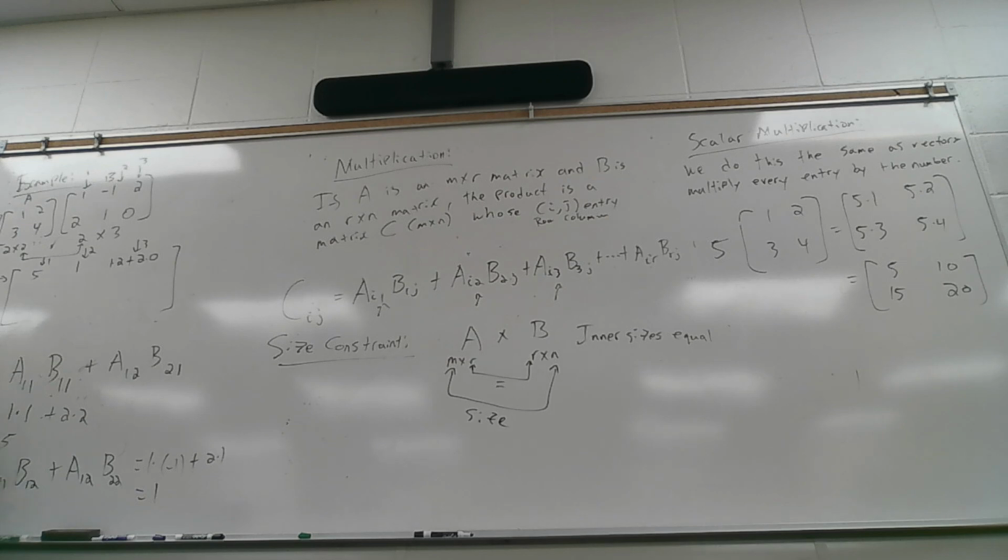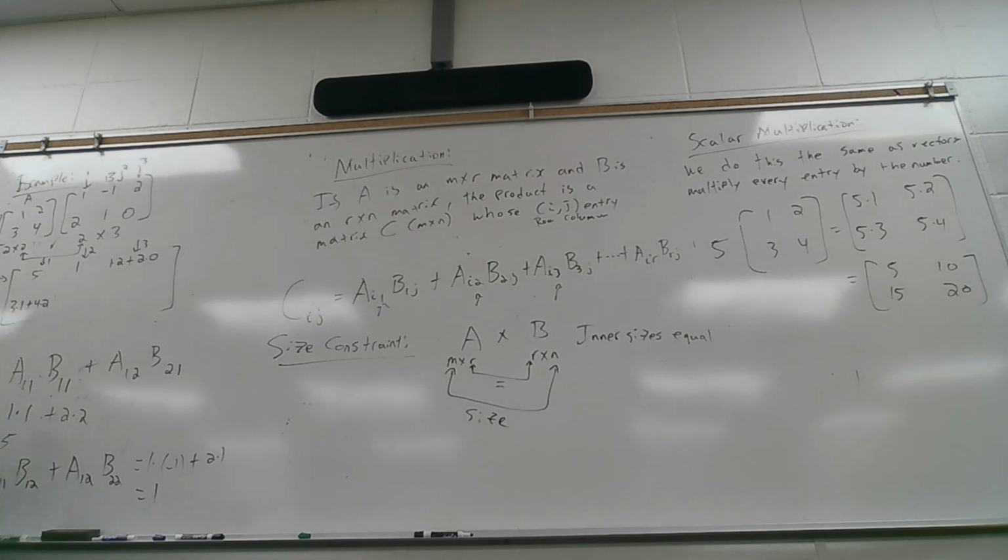This number right here is row 2, column 1. So we grab row 2 from the left matrix, and we grab column 1 from the right matrix. And then we do the finger thing. 3 times 1 plus 4 times 2.